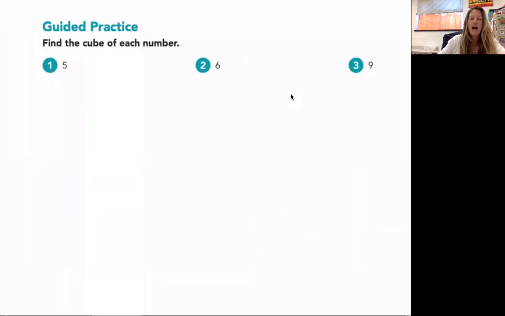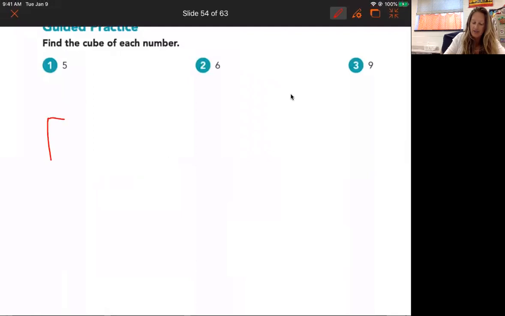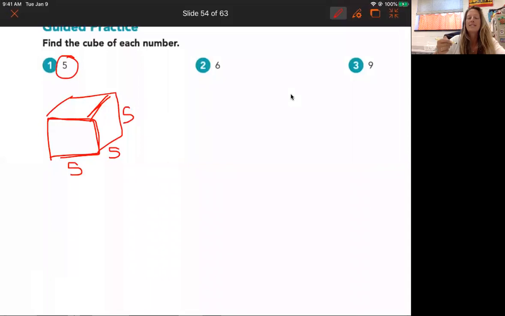Here it's saying find the cube of each number. So if I have a cube, a 3-dimensional figure, that's a terrible cube right there, and the length, the width, and the depth are each 5. What is the volume of this cube if the length of each side is 5?